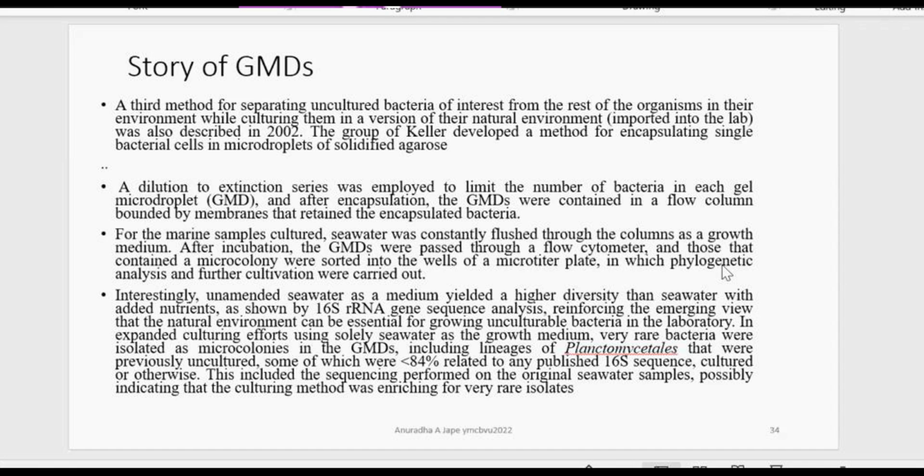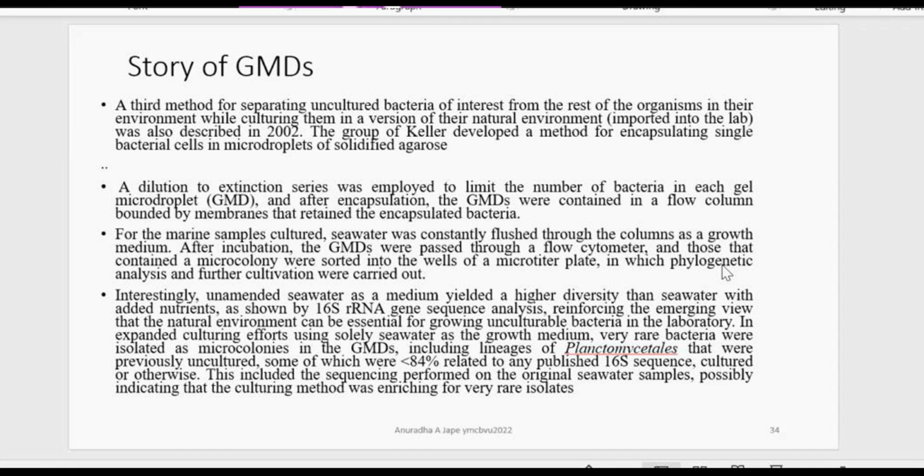And that dilution you are going to use to put into gel form. So that diluted sample you are going to use to prepare the gel beads or the droplets, right? So gel micro droplets, short form, is accepted as GMD, all in capitals.